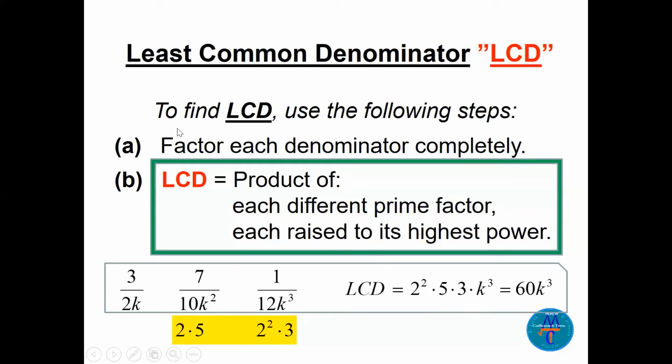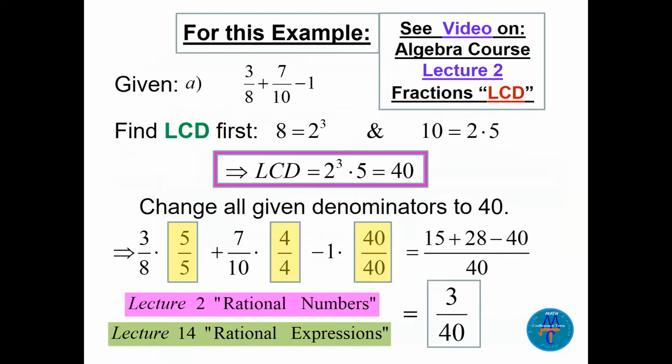This slide summarizes simple, medium, difficult, complicated, challenging questions about how to find the LCD. Look at this nice slide and nice colors. You can see the whole slide in the video algebra course lecture 2, if you need to see this exact example.